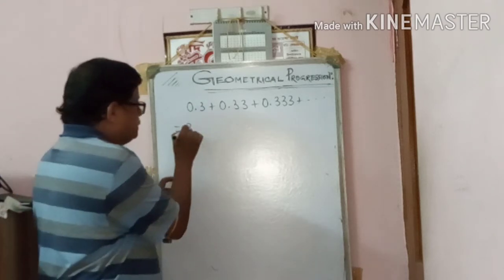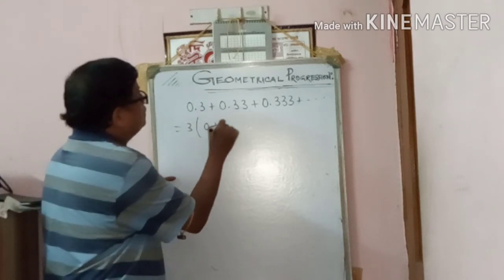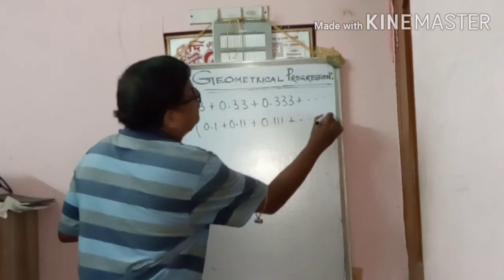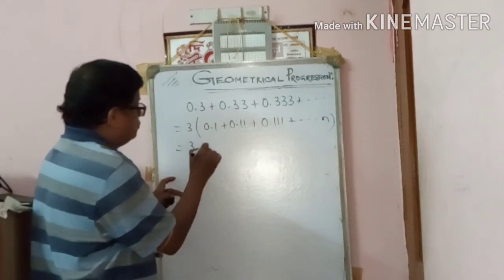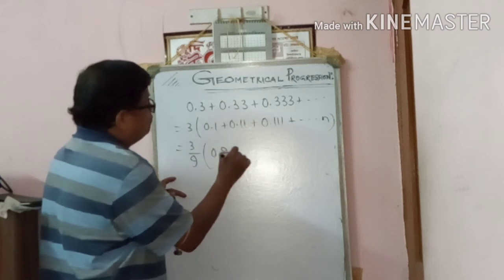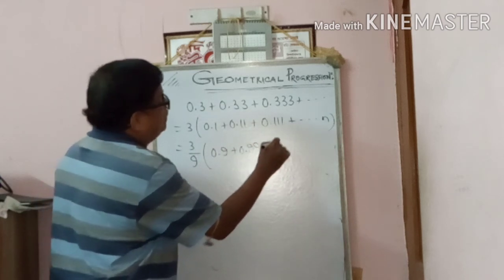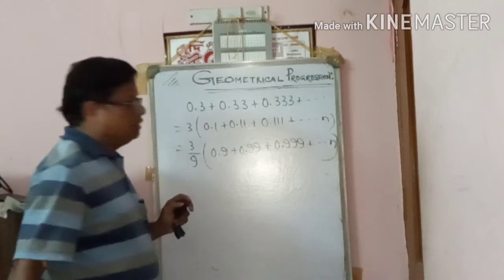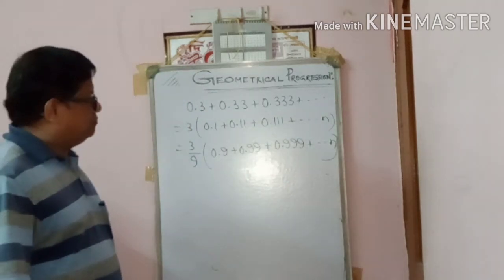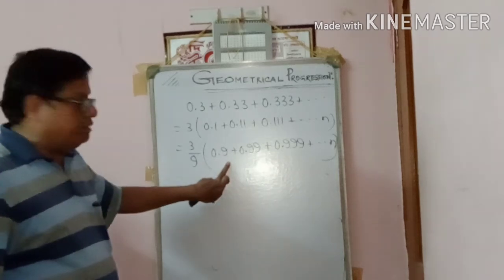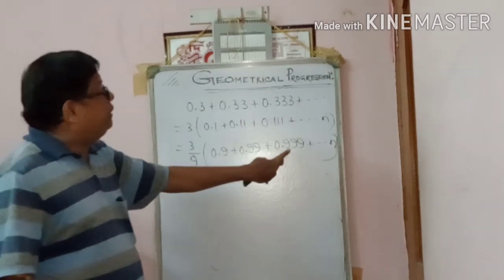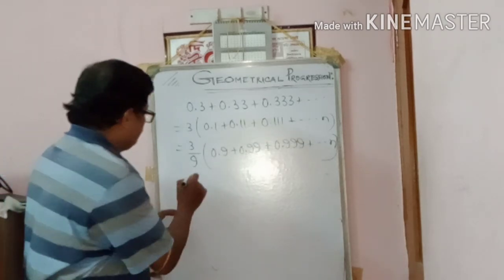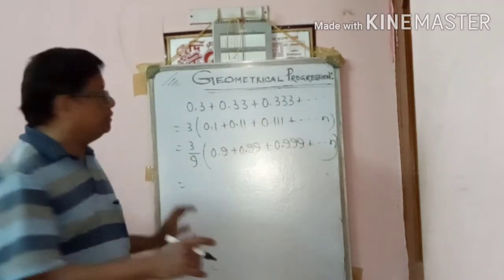Take 3 common first, then 0.1, 0.11, 0.111 up to n terms. Take 3 by 9 common in a similar way: 0.9 plus 0.99 plus 0.999 up to n terms. Here 3 by 9 is 1/3.